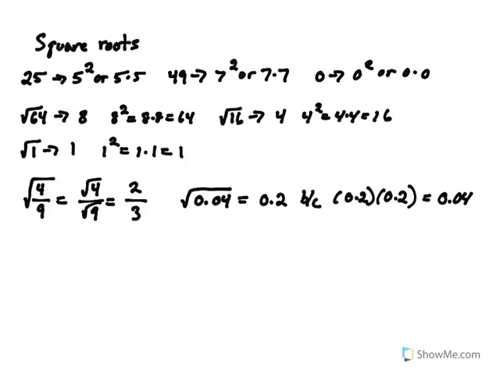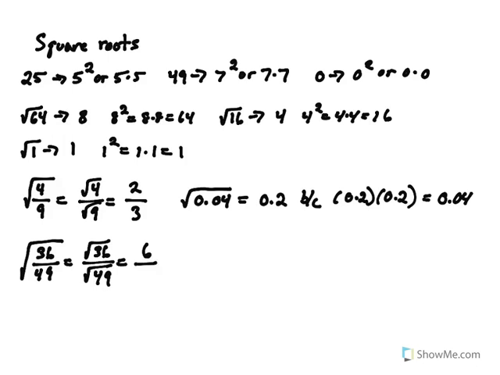So let's do another fraction. Let's see, square root of 36 over 49. Again, let's write them as separate radicals and take the square root of the numerator and denominator. Well, 36 is a perfect square because 6 times 6 gives me 36. So the square root of 36 is 6.